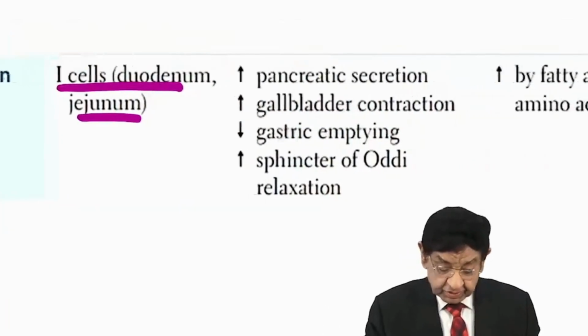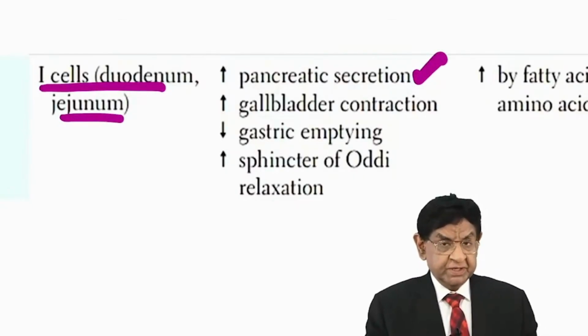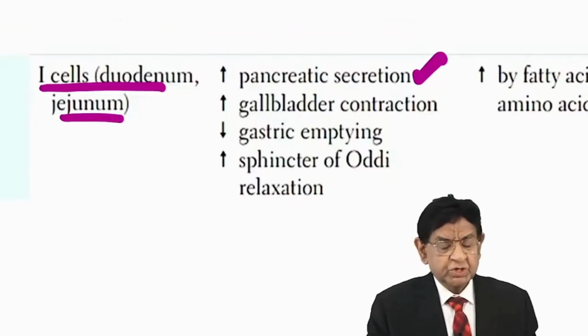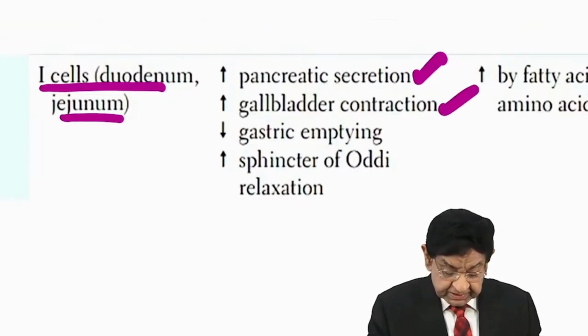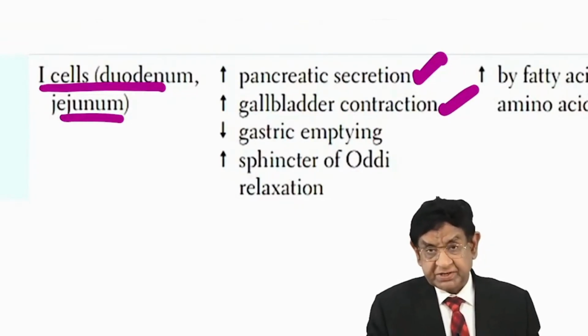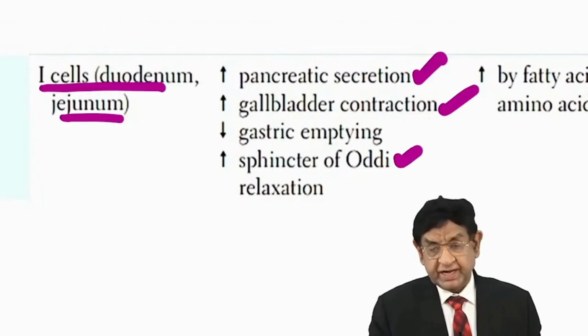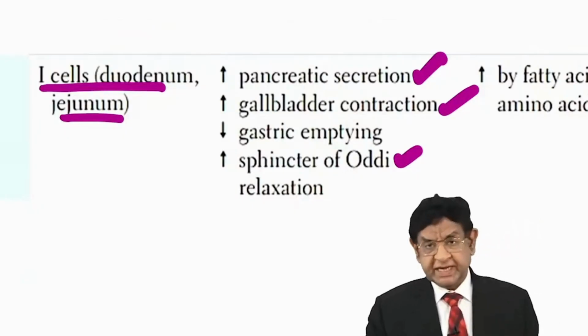Okay. So it causes increased pancreatic secretion. Point to be noted, it has a reverse action to somatostatin. It causes increased gallbladder contraction, and it causes increased relaxation of the sphincter of Oddi.